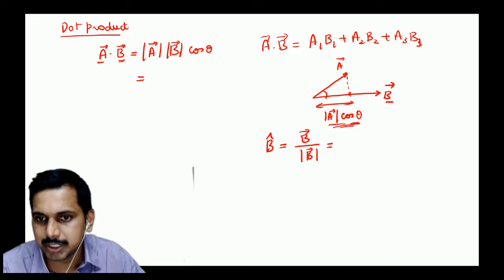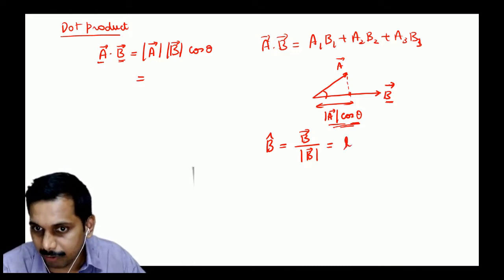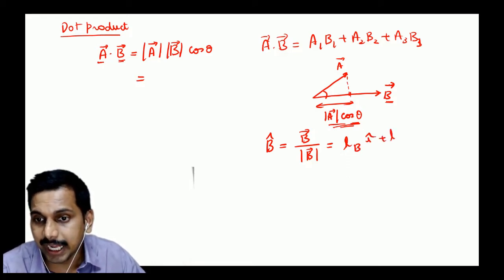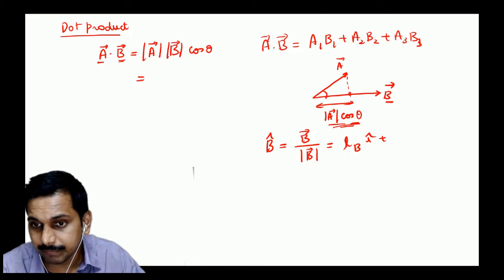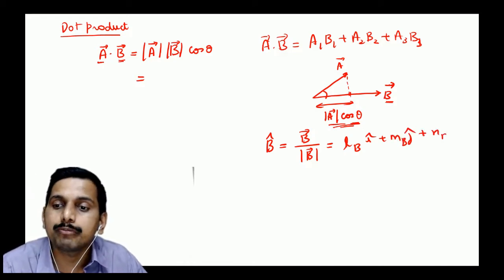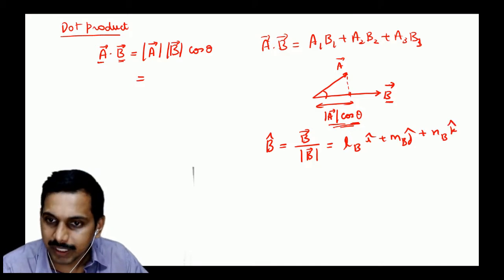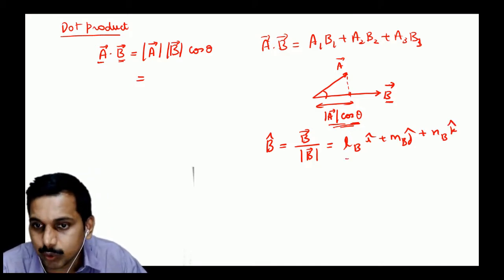For example, this would be lb i plus mb j plus nb k. Now this is the unit vector.